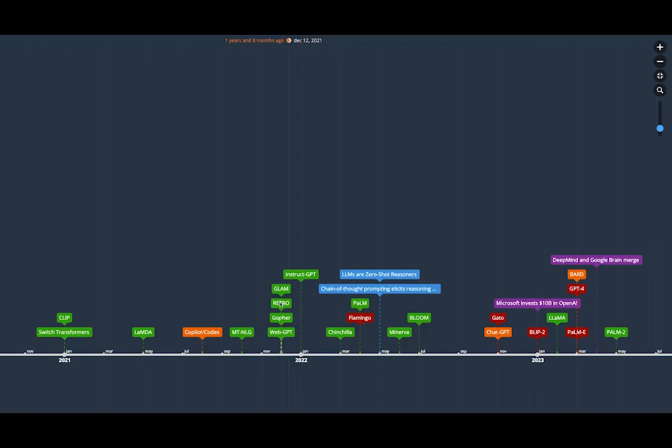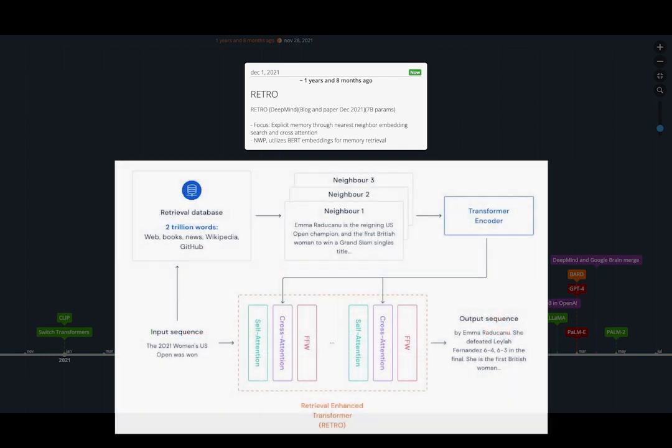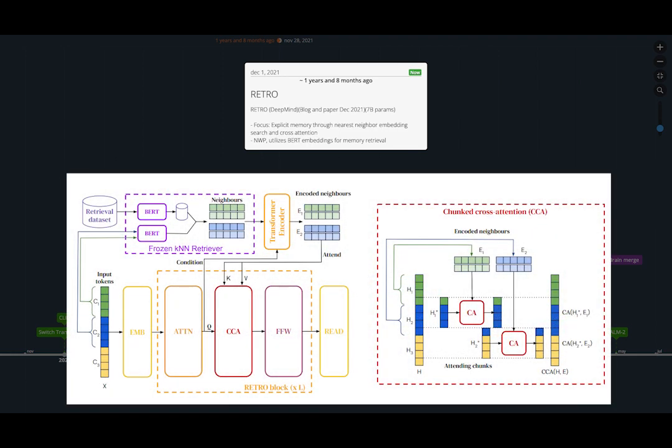Around the same time, DeepMind published two important studies, the first being RETRO. RETRO, like WebGPT, was focused on external information retrieval. Rather than training an explicit information retrieval mechanism, DeepMind chose to integrate information retrieval directly into the transformer architecture.